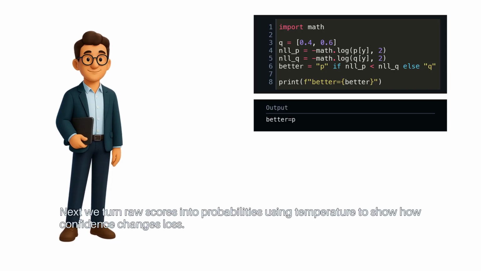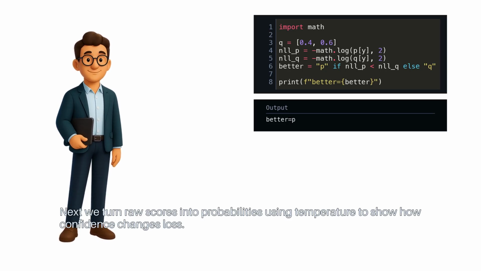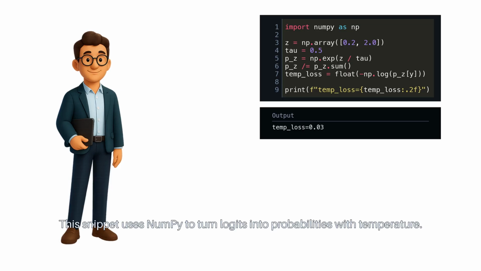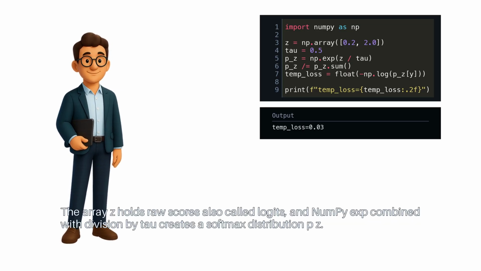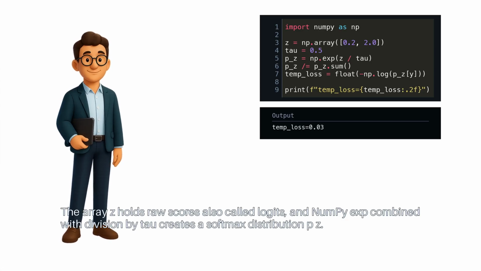Next, we turn raw scores into probabilities using temperature to show how confidence changes loss. This snippet uses NumPy to turn logits into probabilities with temperature. The array Z holds raw scores, also called logits, and NumPy exp combined with division by tau creates a softmax distribution PZ.